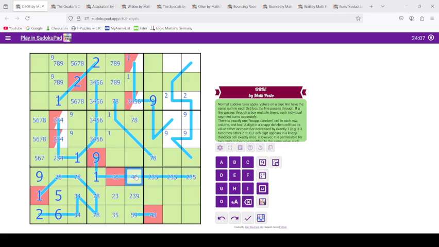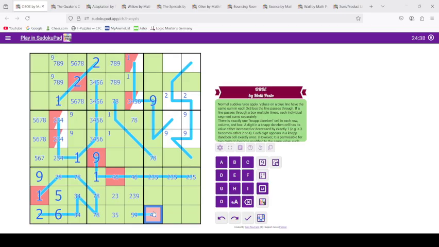Or maybe it has to do with this being a 4. No, because if that were a 4 and that were a 6 and 8, this being a 6 makes that a 3, makes that a 4 and then an 8.